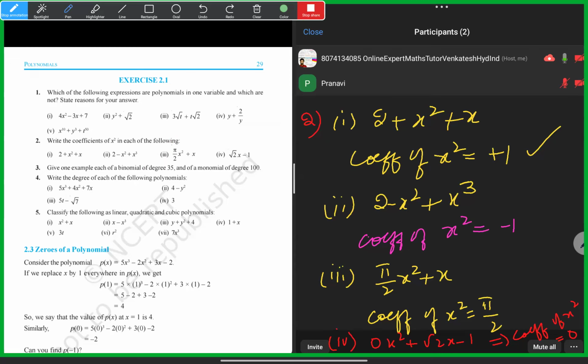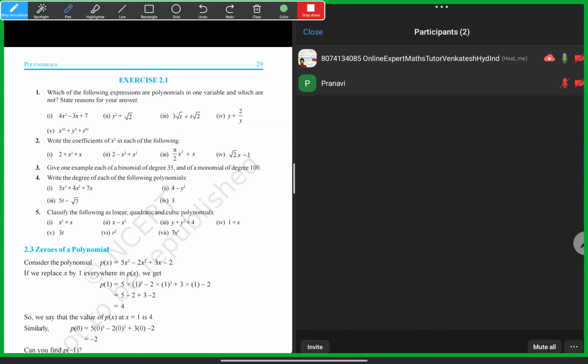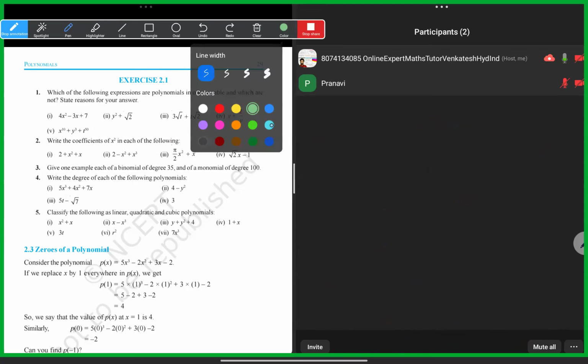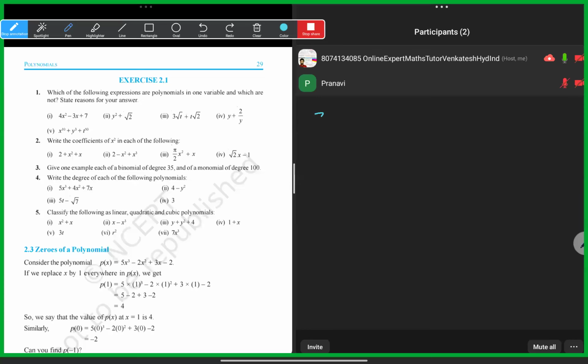We'll go to the third question. Okay, sir. Give one example each of a binomial of degree 35 and a monomial of degree 100. Binomial means two terms only in the polynomial.